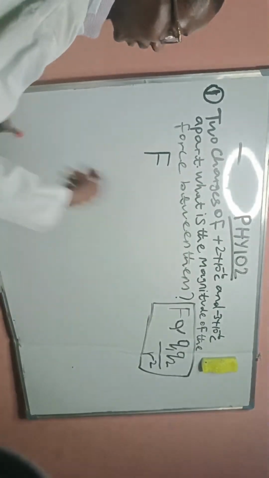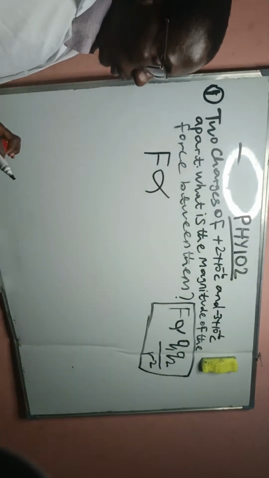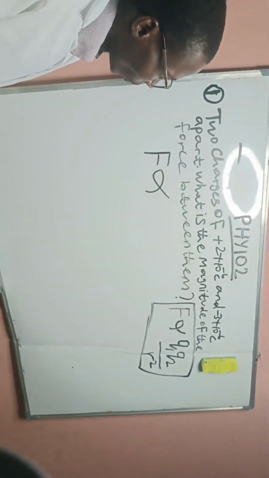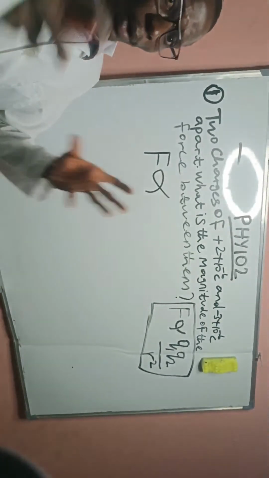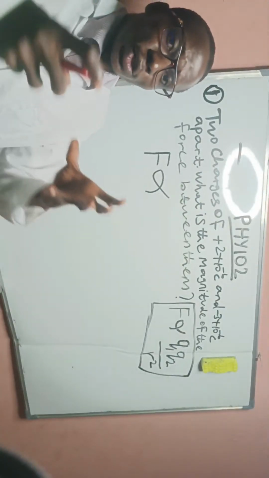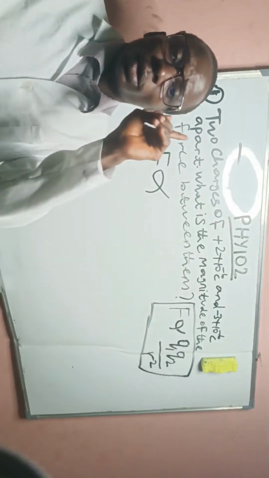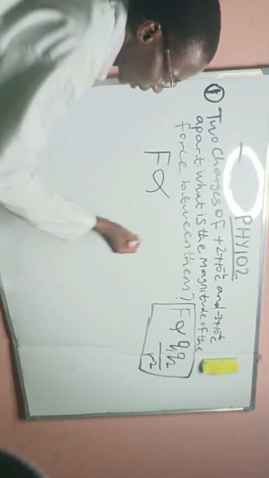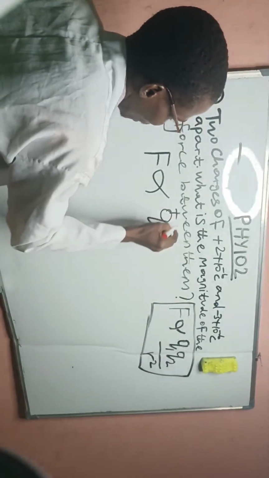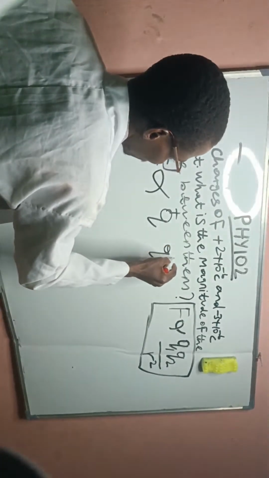Yes, it's directly proportional. This is the proportional sign, to the charges of the two bodies. For two bodies to attract each other, remember one must be positive and the other one must be what? Negative. Let's take for instance, this is Q positive and this is Q negative.